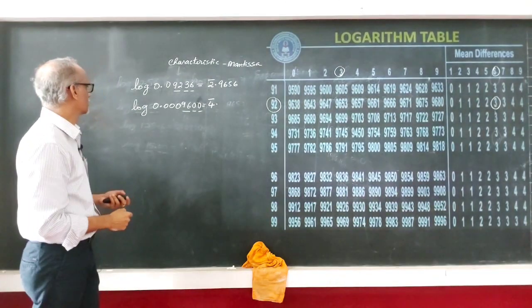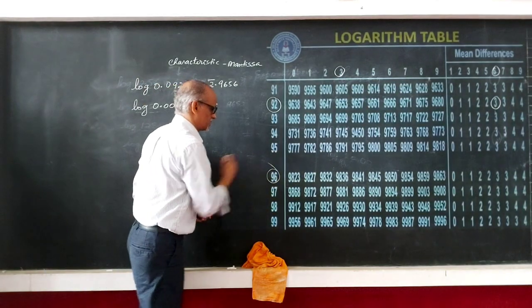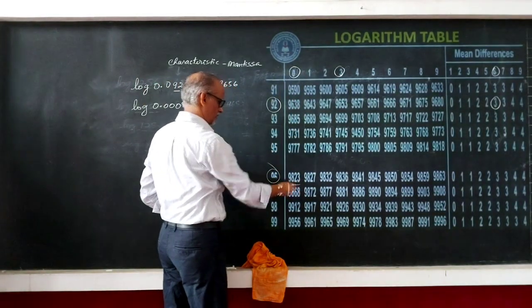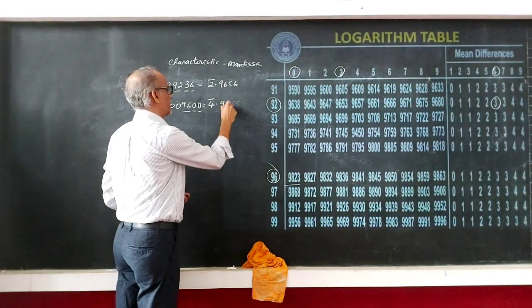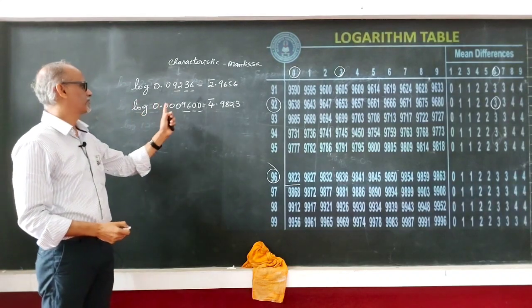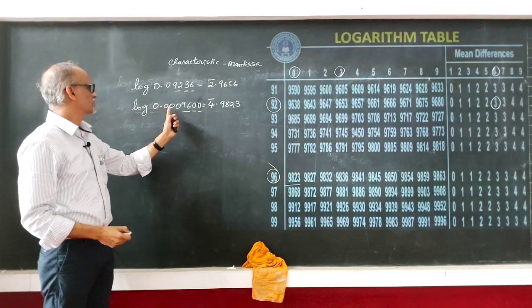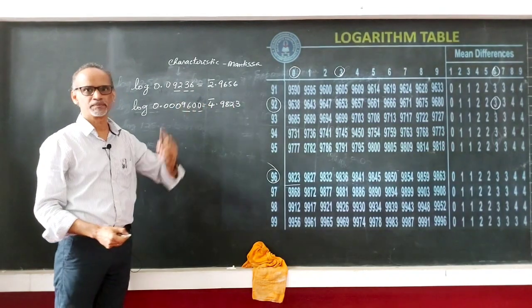So 96, 0. Here it is. 96, 0 will intersect at 9823. So we have to find 9823. So this is the logarithm of 0.000960, which is 4 bar 9823.